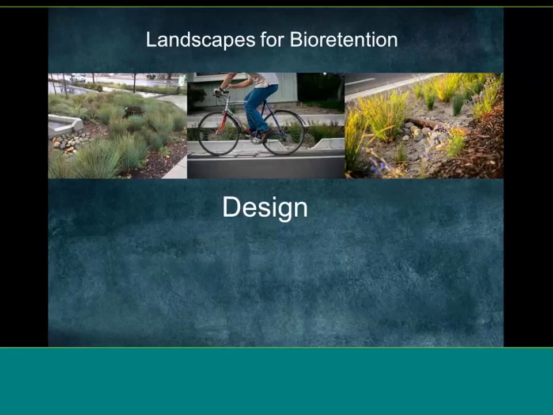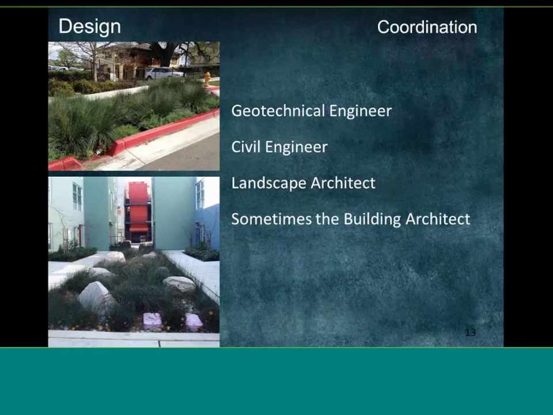So we've broken this discussion today into 3 areas: design, construction, and maintenance. I'm going to talk a little bit about design. I first want to say that it is absolutely critical for the success of these types of systems that all of the designers involved are coordinating with one another.